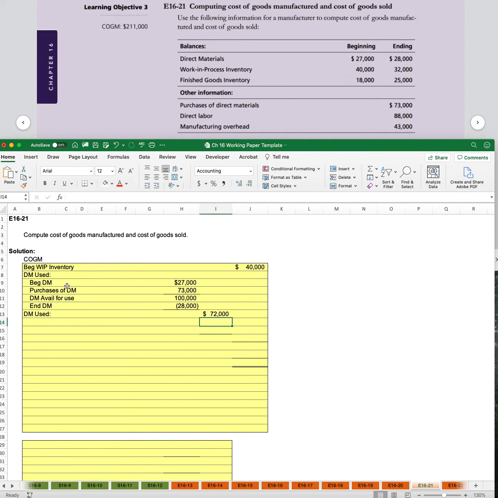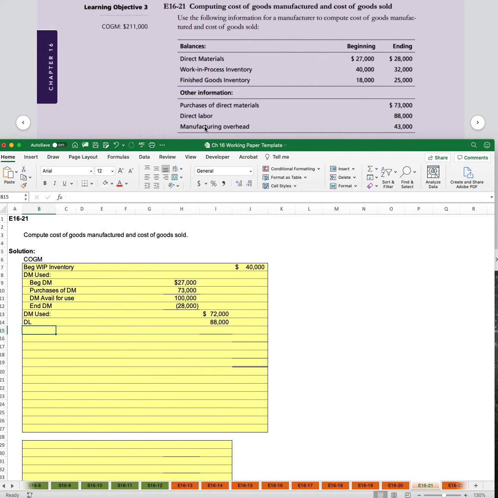And you'll see this calculation of what was used quite often, where we take the beginning plus everything we added to get what was available, minus the ending balance to tell us what was used. Okay, so now that we have direct materials used, we're also going to want to include direct labor. And so we have direct labor of 88,000.